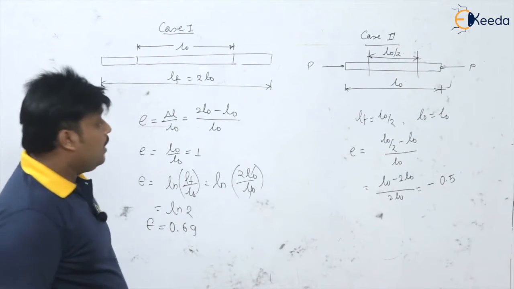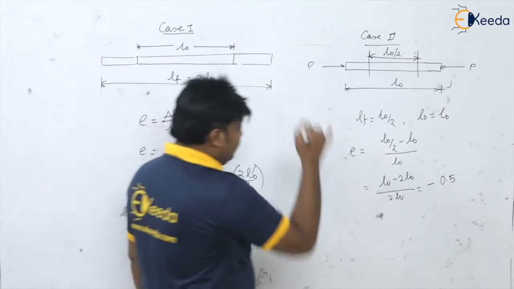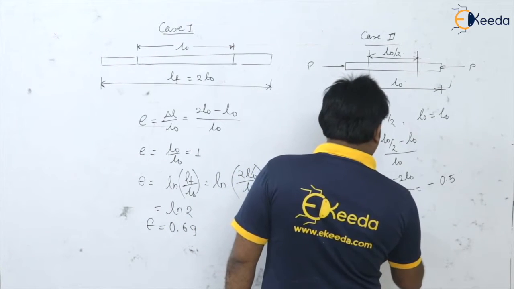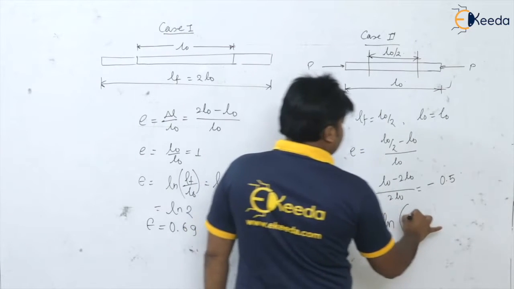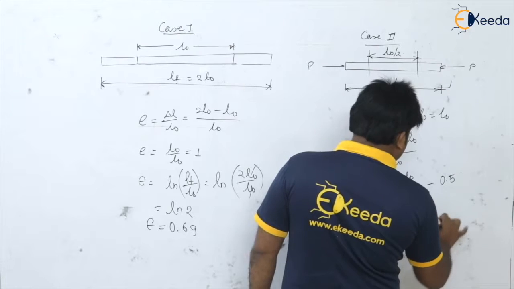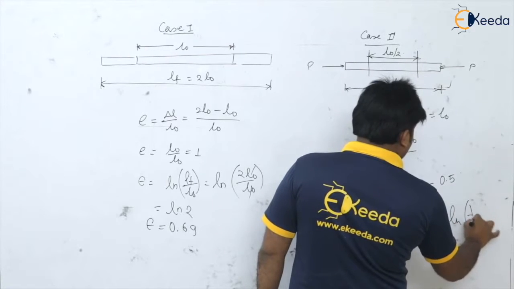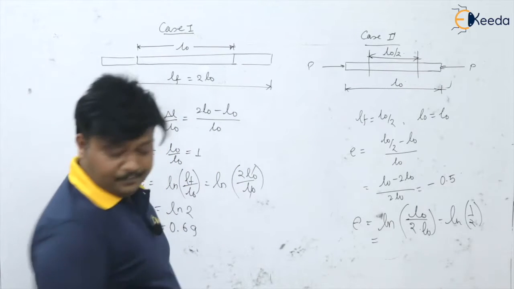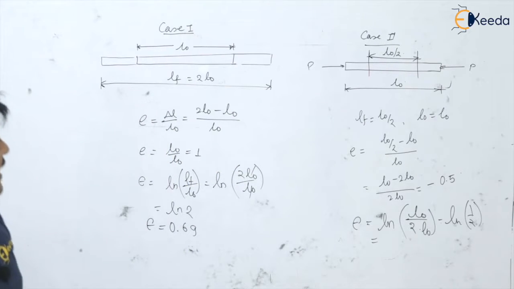You check it. And here if I want to calculate the true strain, how much is it? ln of L final, which was LO by 2, divided by LO, that is ln of 0.5. How much is it? So hope it is negative 0.69.